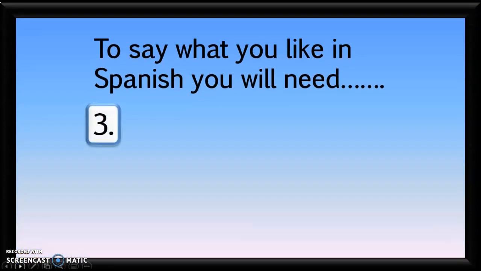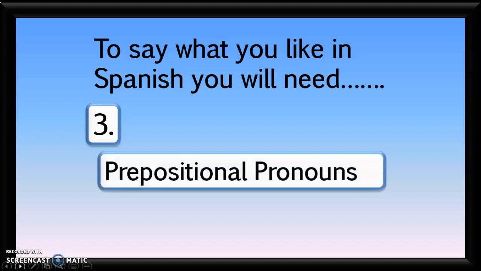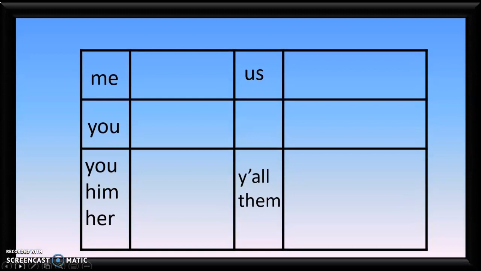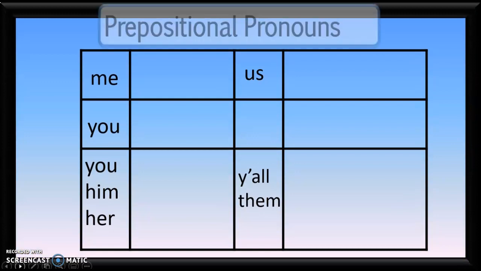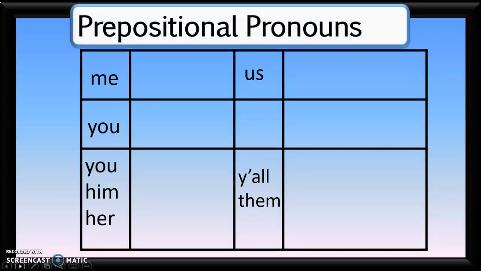The next thing that you're going to want to use are the prepositional pronouns, and those will be abbreviated PP, prepositional pronouns. Take time to write down these prepositional pronouns, please. For me, which would be like to me, you would use mí. For you, use ti.